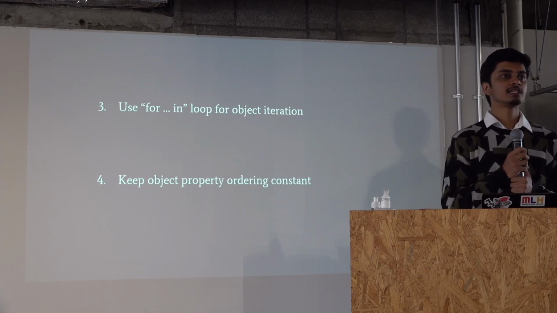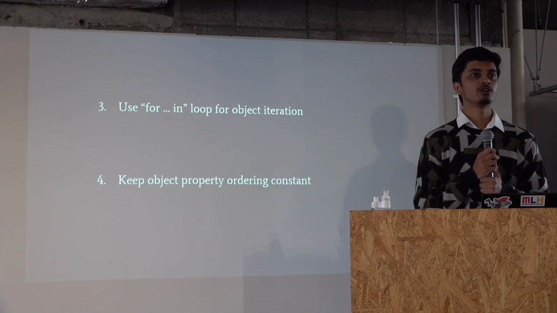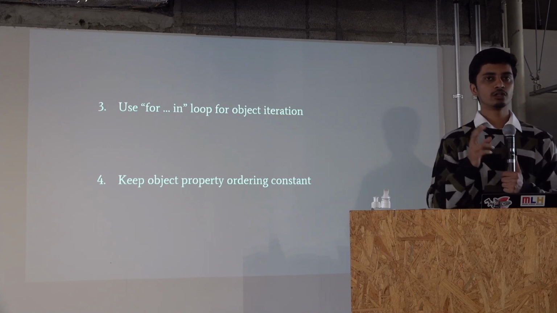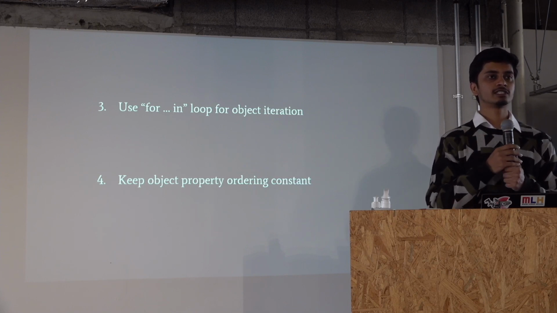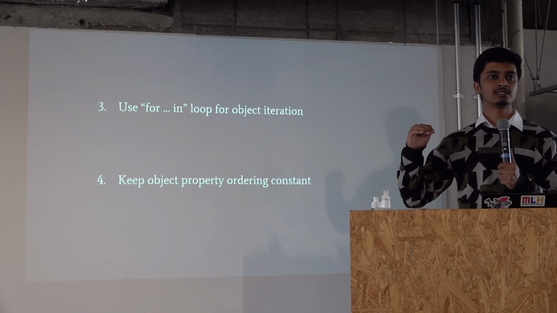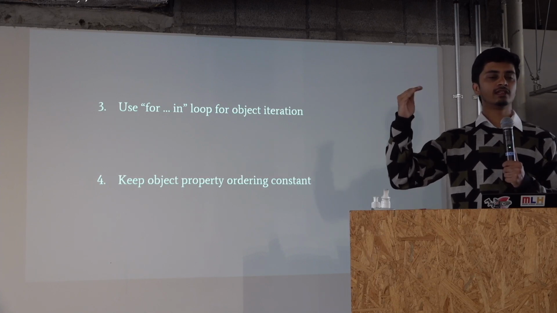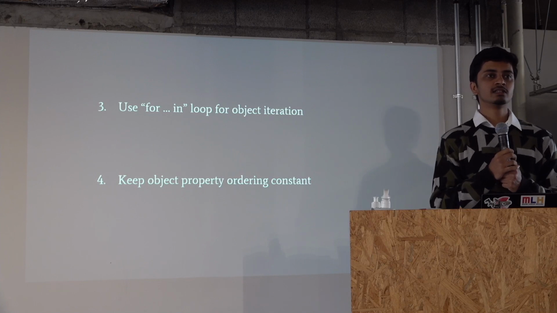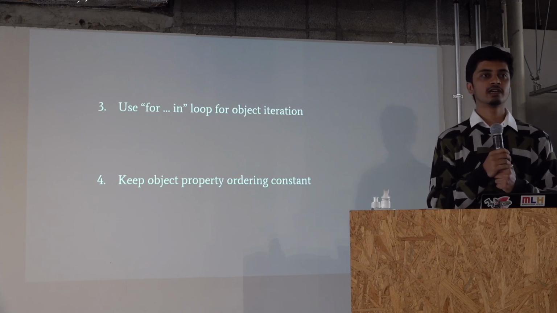And the last thing is to keep object property ordering constant. If you try to play around with your properties order, for example, the hidden class we saw had name, phone and address. If you try to declare the name, address, phone, it essentially creates a different hidden class, which is hindering your performance once again, as per the optimization way we saw.